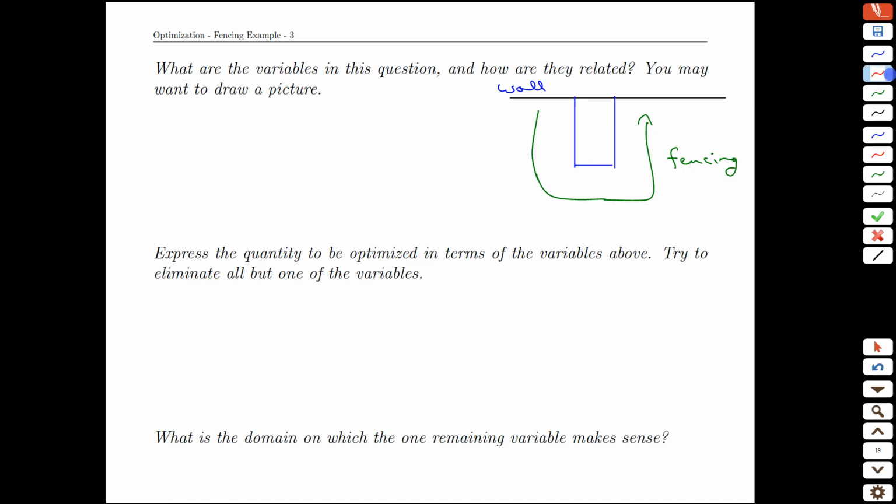So what we could do is define variables. Because this is drawn as a vertical stretch here, let's call that h for height, and this part here w for width, the left to right distance in this diagram. Now those two are not directly related to each other except to say we know that the total fence length is going to equal 120 meters.